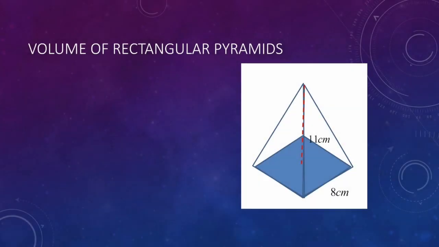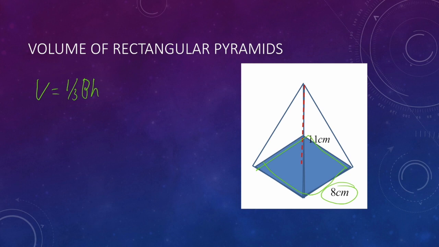Now we're going to find the volume of a pyramid. This is our little pyramid over here, and looking at our dimensions for our pyramid, we have a base that is a rectangle, and it is a square, so each side is 8 centimeters. Our volume formula is V equals 1/3 area of the base times the height.